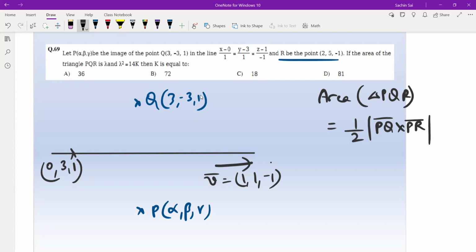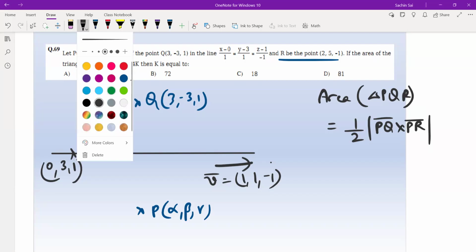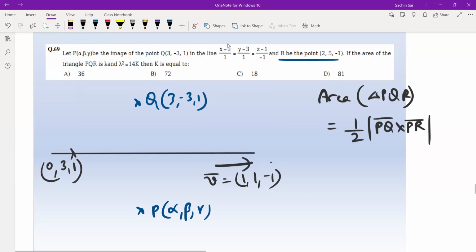So here to find the area of the triangle, we need the coordinates of P. So let us join Q to P, which means by definition, this angle should be 90 degrees and these two distances should be equal. What does that mean? It means that the midpoint of P and Q should lie on the line. And what does it also mean? It means that N is the foot of the perpendicular from Q to the line.